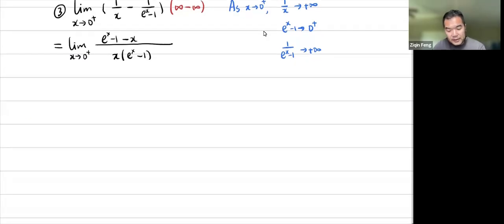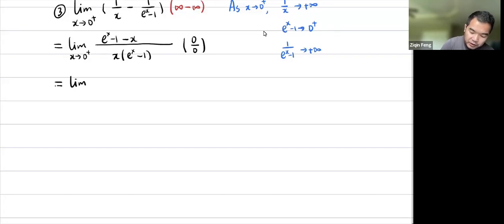And now you can see that as x goes to 0 from right side, both numerator and denominator go to 0. So this is 0 over 0. If such a limit exists, this limit is same as you differentiate the numerator and denominator separately, right?